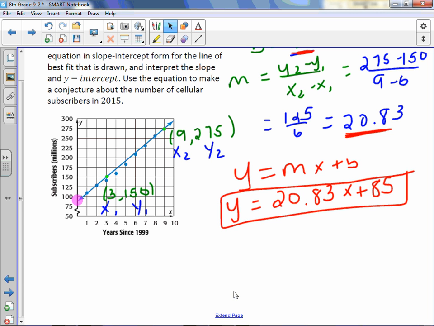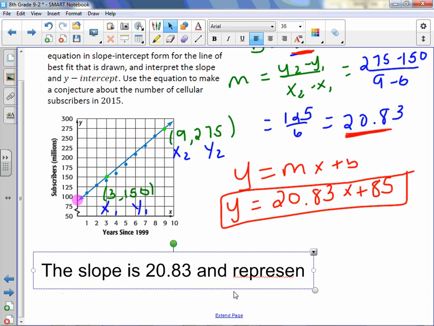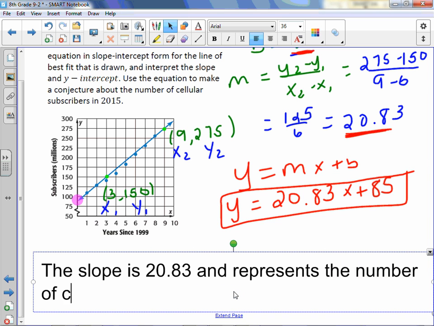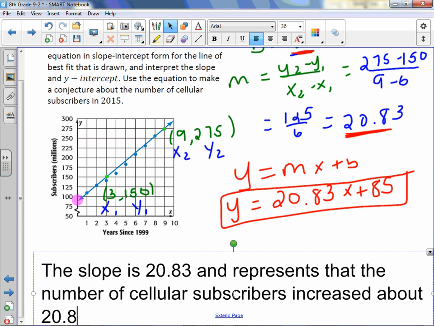The slope is 20.83 and represents that the number of cellular subscribers increased about 20.83 million per year.